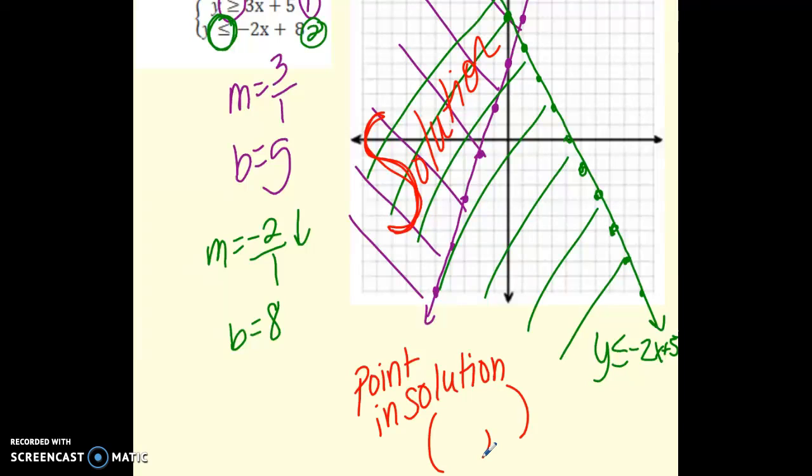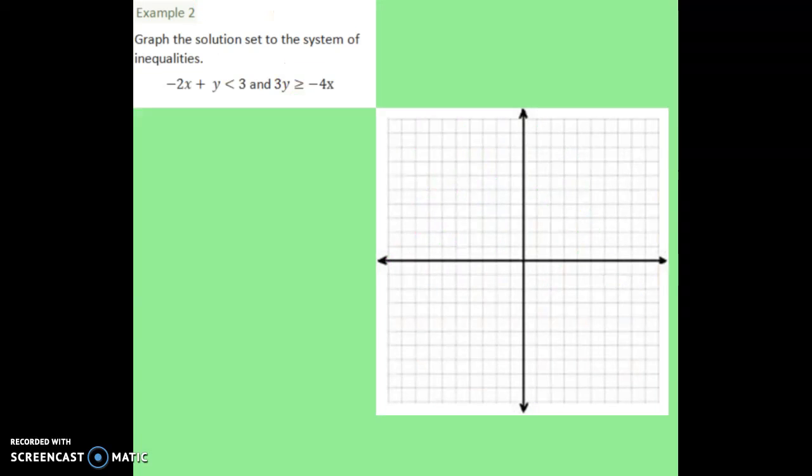Just pick a nice easy one, like -2, 1 works. Sometimes they're asked that extra question. So don't forget, we graph one, we graph the other with our solid or dashed lines and our shading. Then we put a big S, or we write the word solution where they overlap.